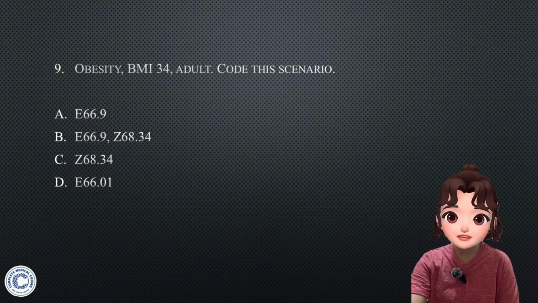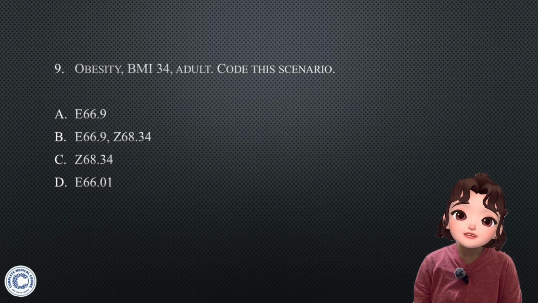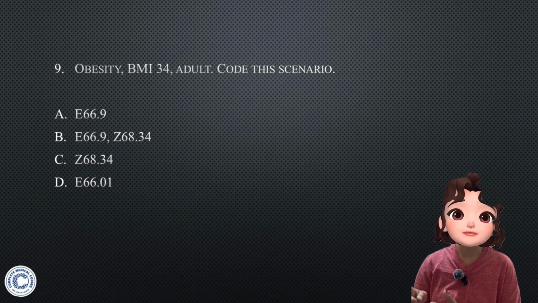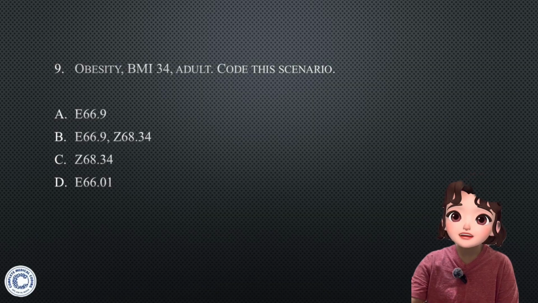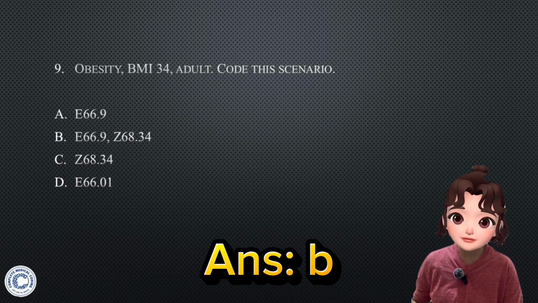Morbid severe obesity only is mentioned. So since obesity BMI 34 is mentioned in the question, you have to always go for obesity and BMI. If BMI is given, you have to mark the BMI also. So obesity plus BMI code is required here. So answer here is option B, E66.9 for obesity and Z68.34 BMI code.